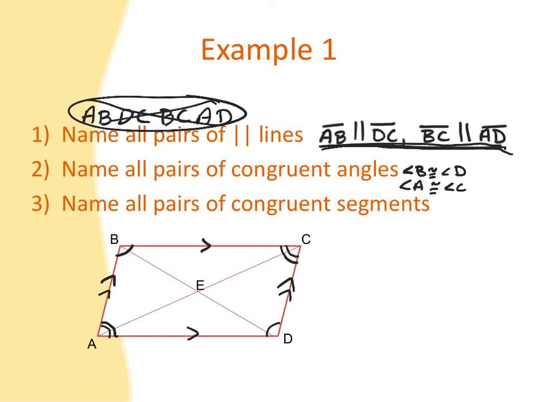All right. Name all the pairs of congruent segments. BE is congruent to which one? DE. Okay.